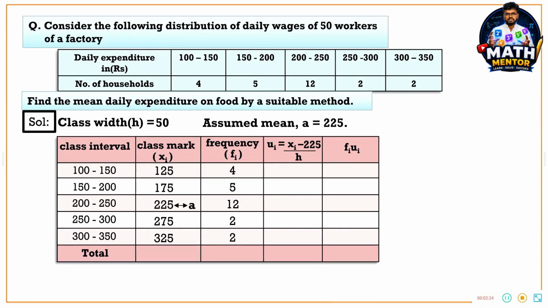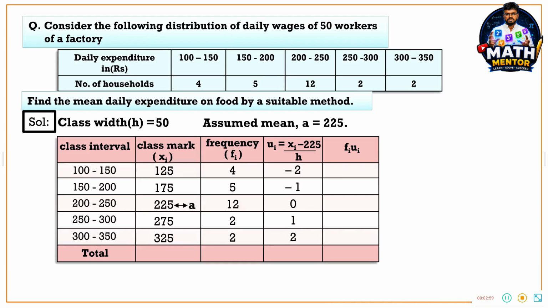Now we find the ui values. 125 minus 225 by 50 is minus 2. 175 minus 225 by 50 is minus 1. 225 minus 225, 0 by 50, is 0. 275 minus 225 by 50, that is 50 by 50, is 1. 325 minus 225 by 50, 100 by 50 is 2.